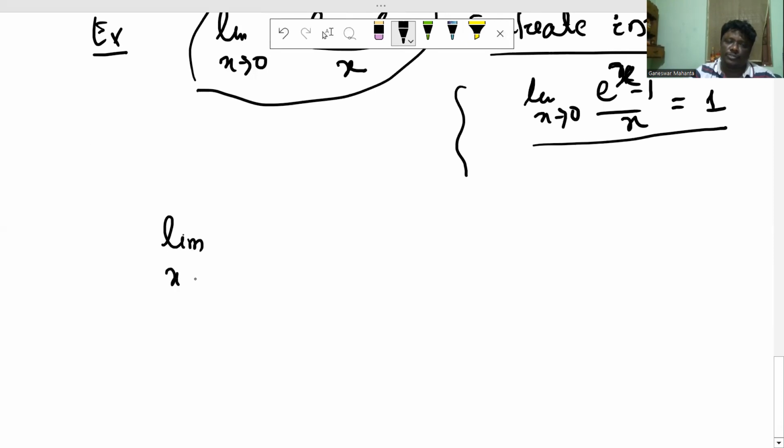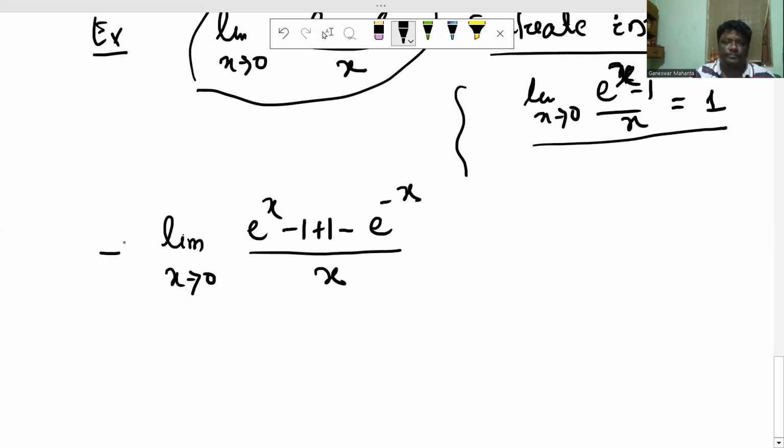Limit x tends to 0, (e to the power x minus 1 plus 1, and then minus e to the minus x) divided by x. So what is the value actually?